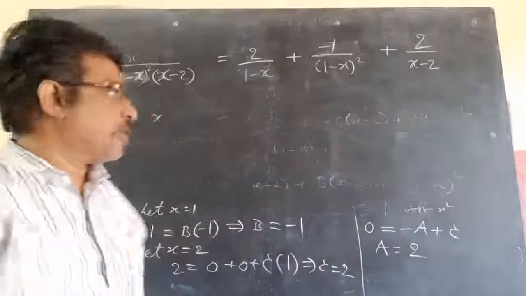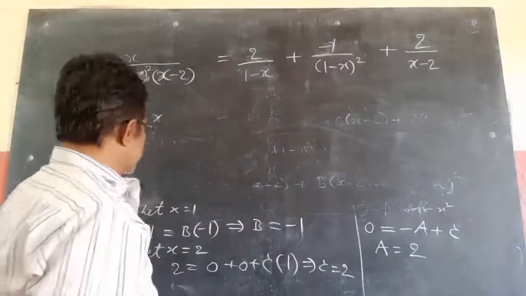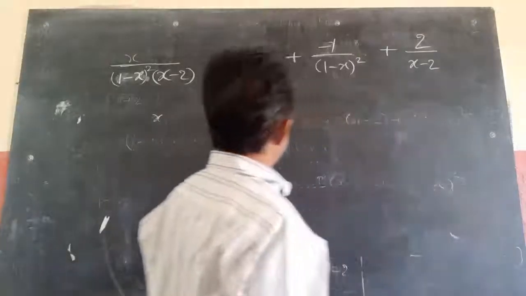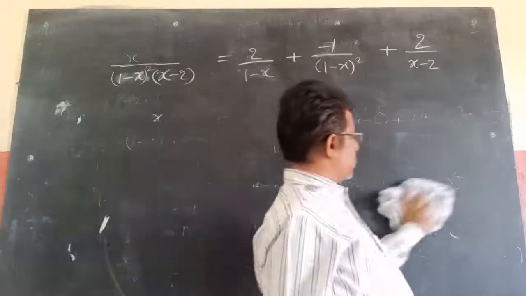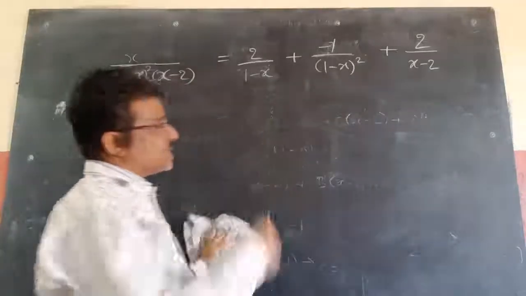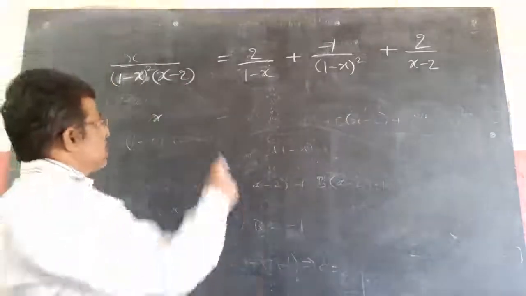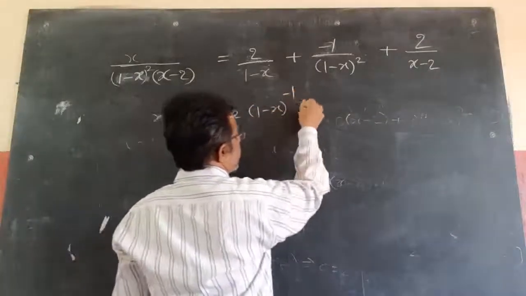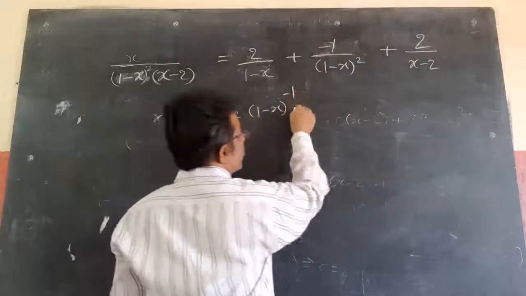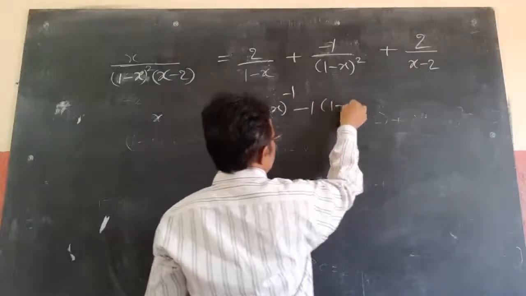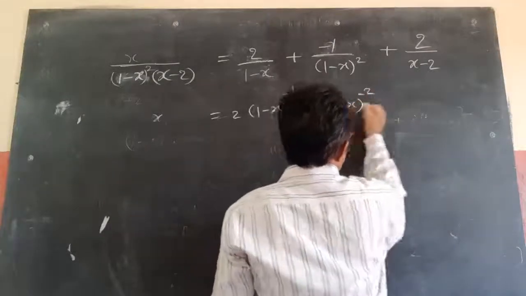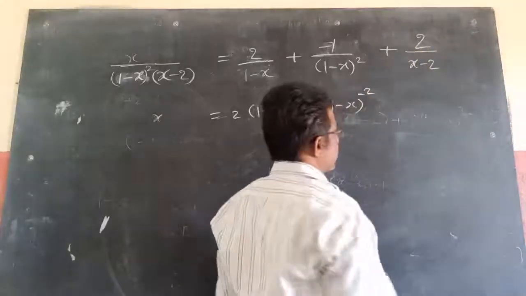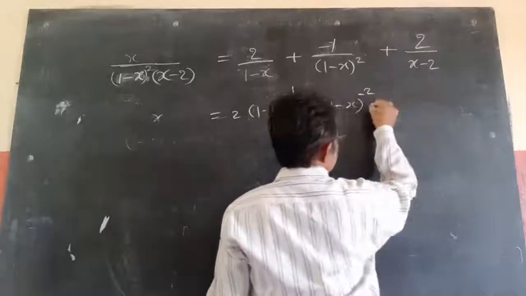Now I need x power n, so I need to write in the form of the 1 minus x whole power n formula. So convert all into the 1 minus x whole power n formula. For the first two I can directly write 2 into 1 minus x whole power minus 1, because I changed it in the beginning itself, and minus 1 into 1 minus x whole power minus 2. But here I did not change it in the beginning, so I got x minus 2, but I need 1 minus x. For this, I need to take minus 2 common.